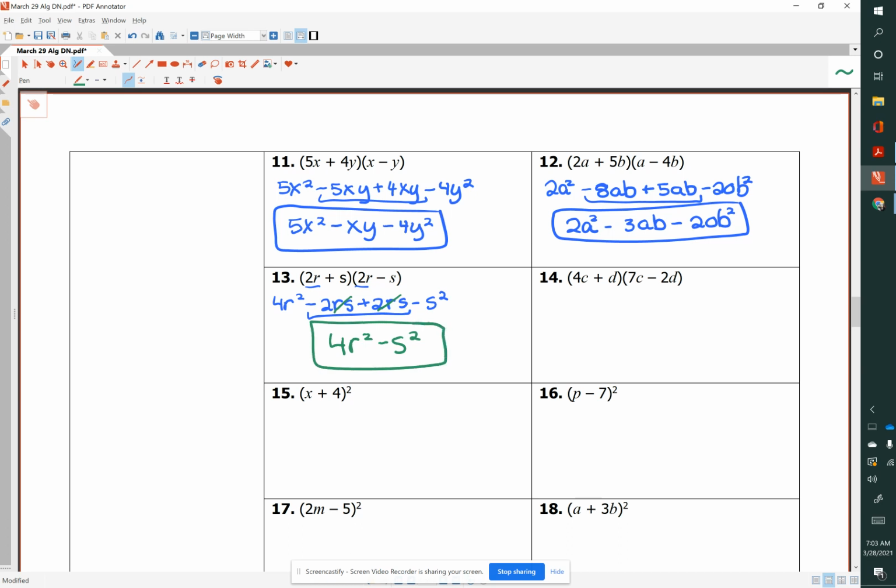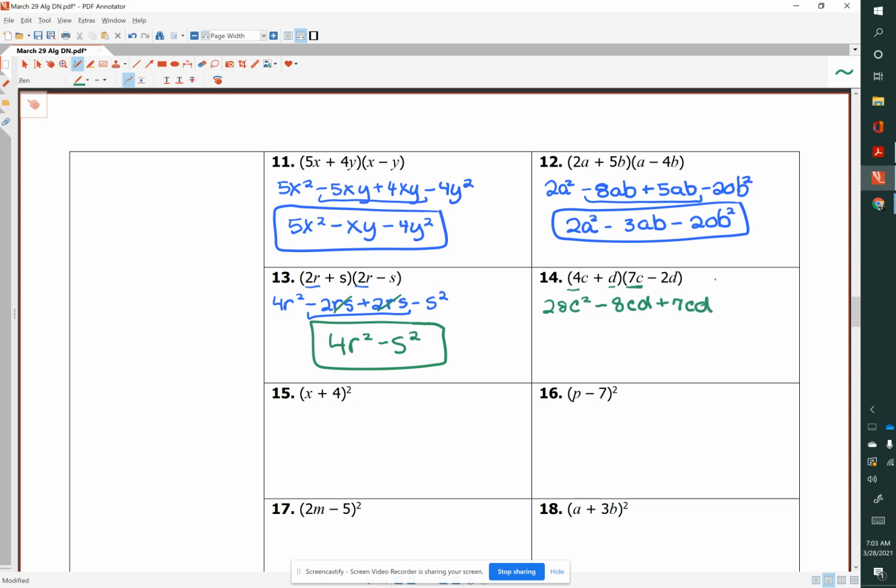Okay, number 14. So 4c times 7c is 28c squared. 4c times negative 2d is negative 8cd. d times 7c, and they're both positive, is positive 7cd.